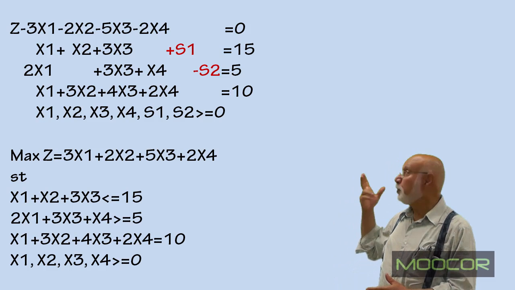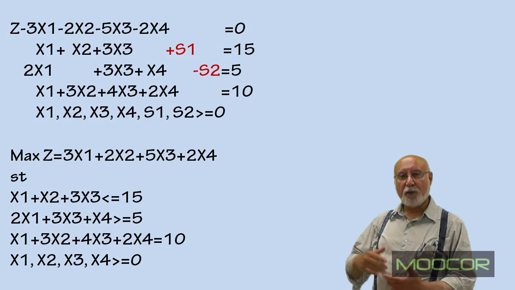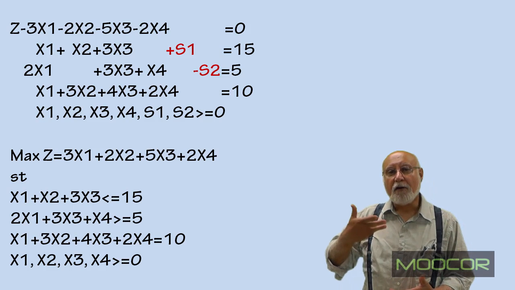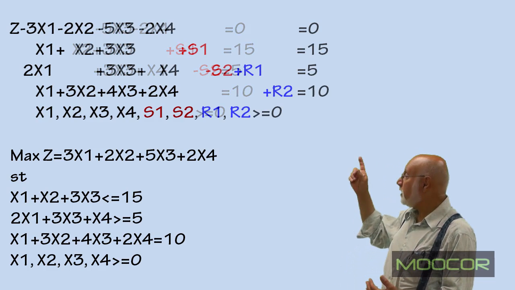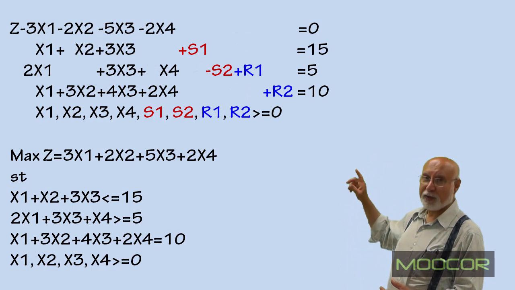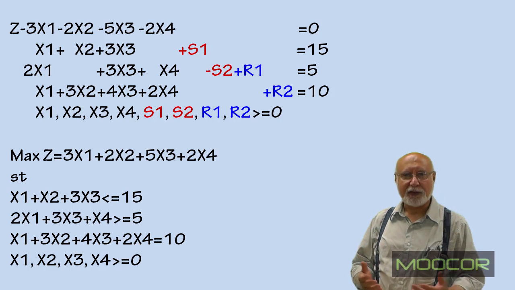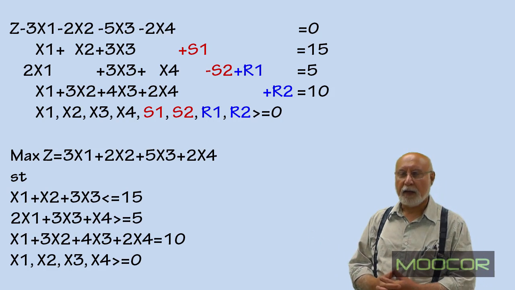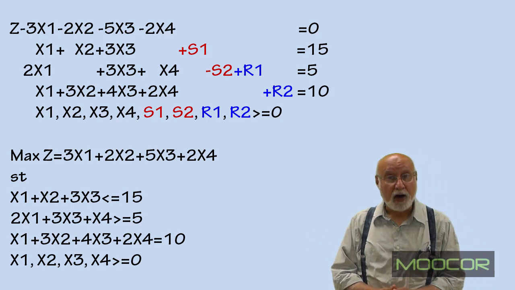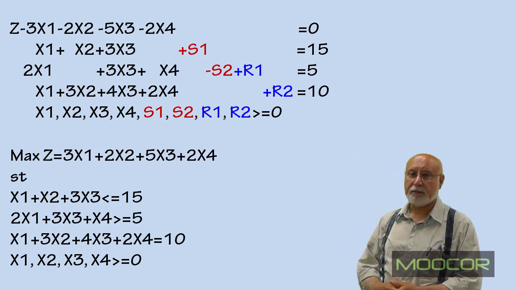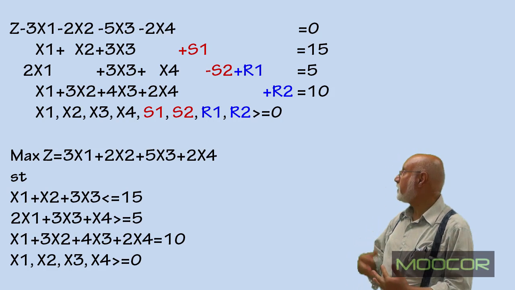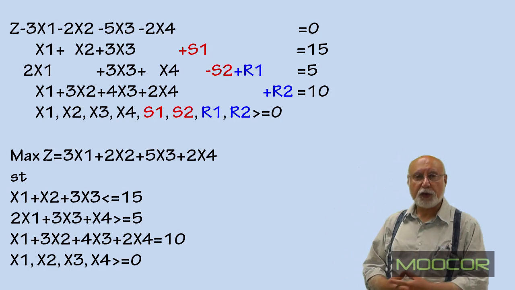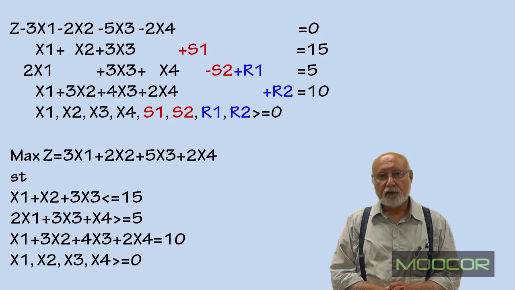After we convert them into standard form, we are going to introduce a new variable called an artificial variable. In this case, to the second constraint, I'm introducing an artificial variable. I use the notation Ri for it, so R1, for example, for the second one, and R2 for the third one.